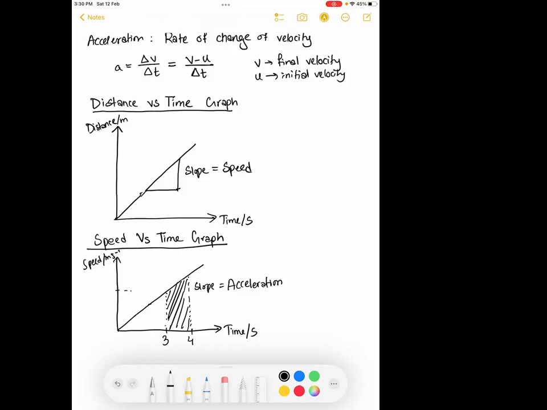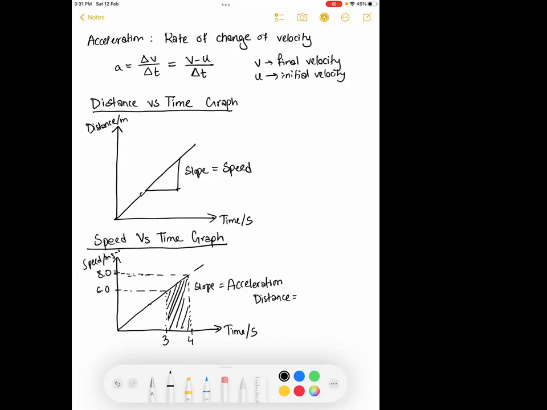So let's do this together. Let's say we have 6 meter per second right here and 8 meter per second right there. Now let's find the distance under the graph. It's going to be a trapezium, right?